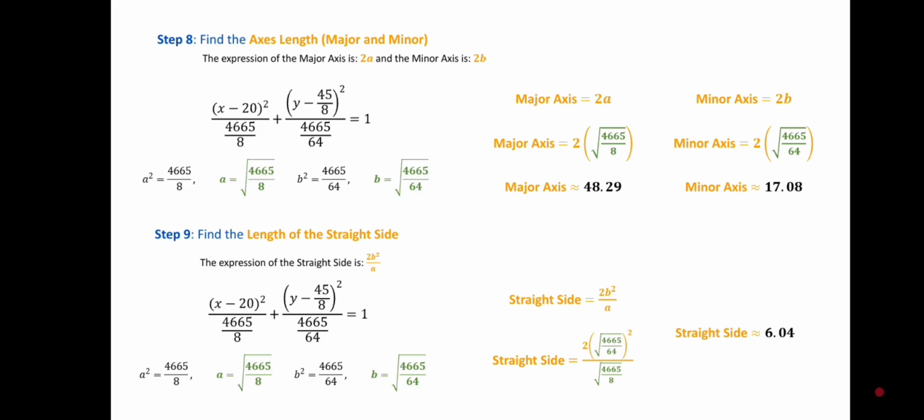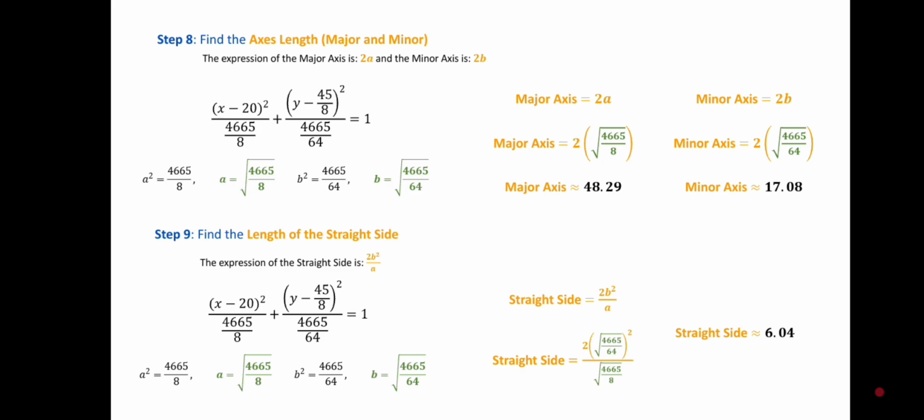Now, using the formulas before, the major axis will be 2 times the square root of 4,665 divided by 8, and the major axis then will be 48.29. And now, the minor axis is 2b, so it will be 2 multiplying the square root of 4,665 divided by 64. So the minor axis will be 17.08.